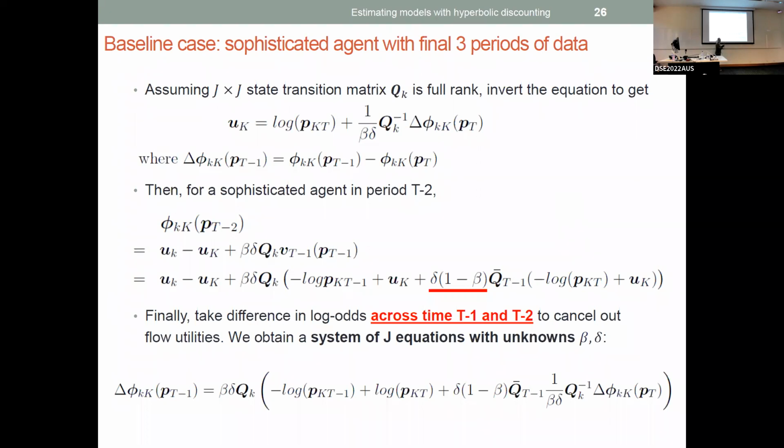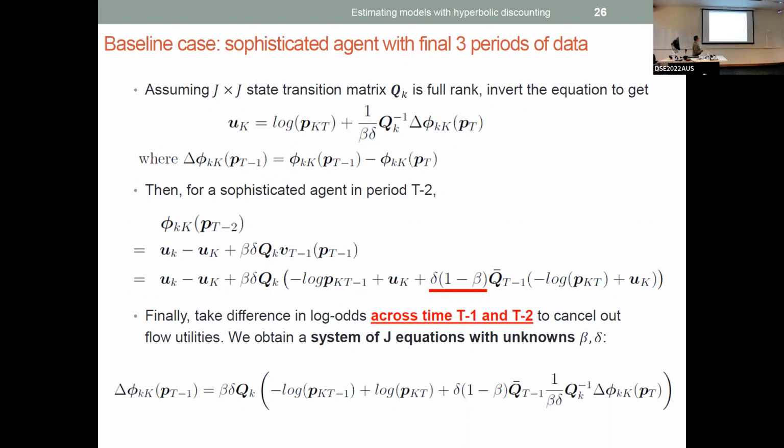So this is the mixture thing that has appeared before. Despite the different ways of slicing the restrictions, you get this correction term involving delta times 1 minus beta. And again, when beta equals 1, this correction term will disappear.